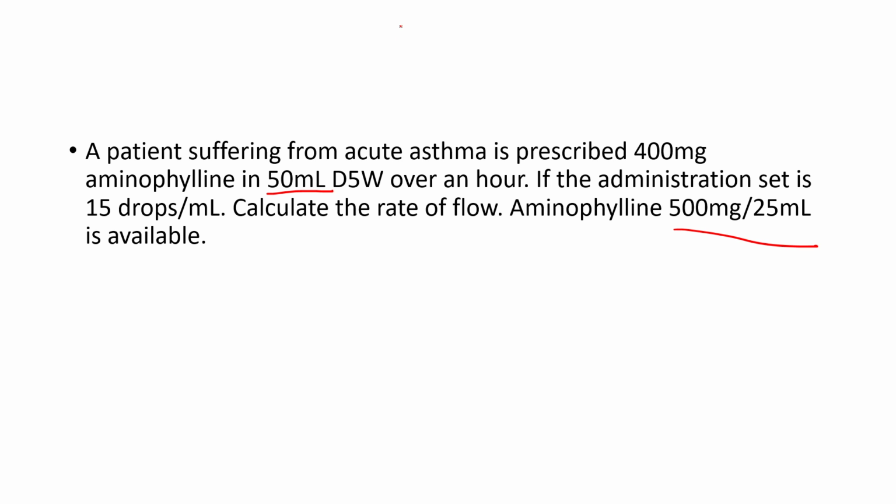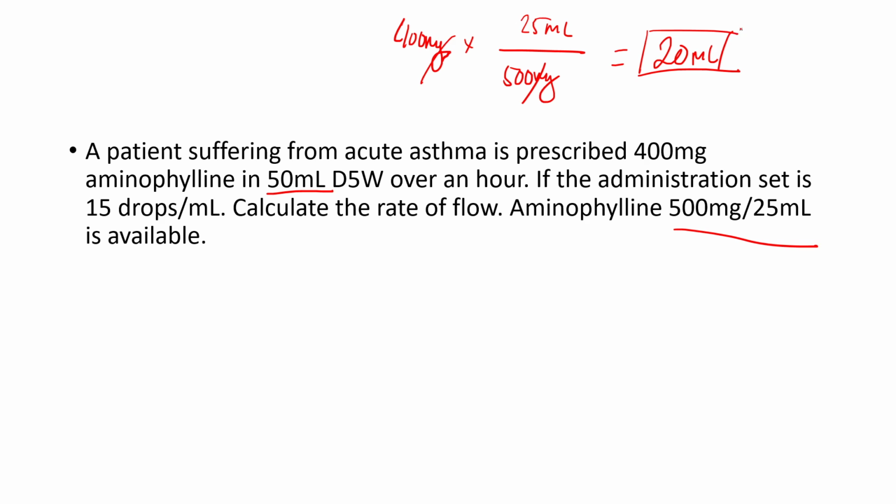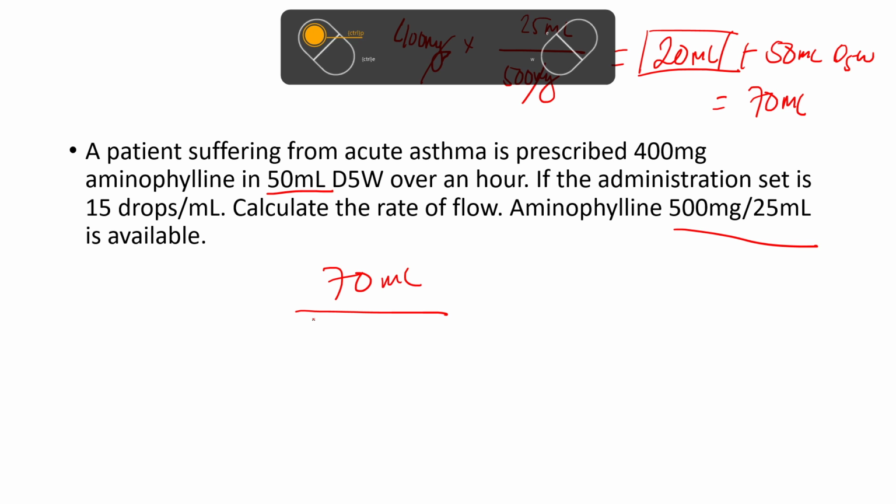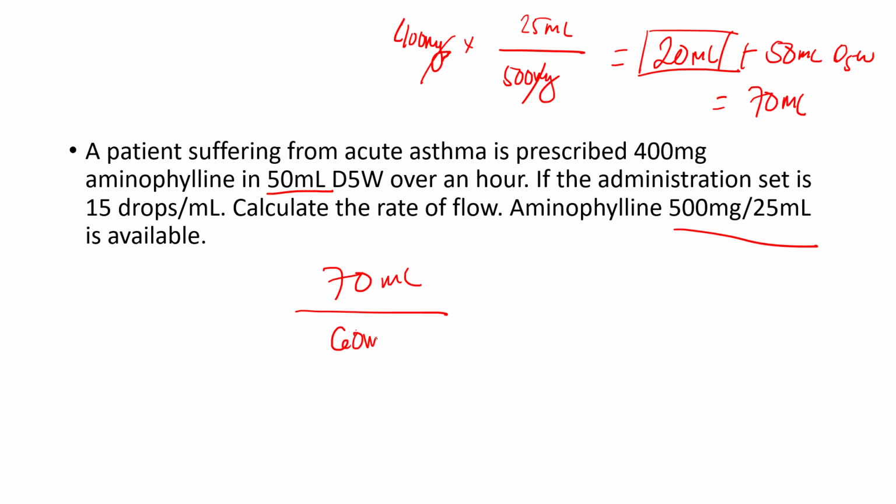So first is 400 milligrams of aminophylline. What we have is a dosing of 500 milligrams per 25 ml. So I would need 20 ml of this fluid. Since there is 20 ml and it would be added to 50 ml of D5, the final volume would be 70 ml. 70 ml over an hour, let's make it 60 minutes.